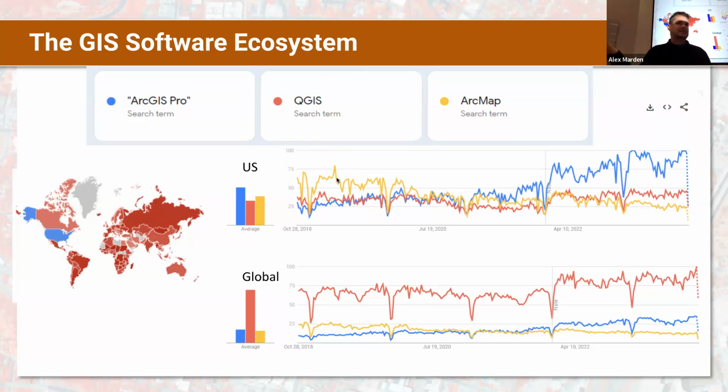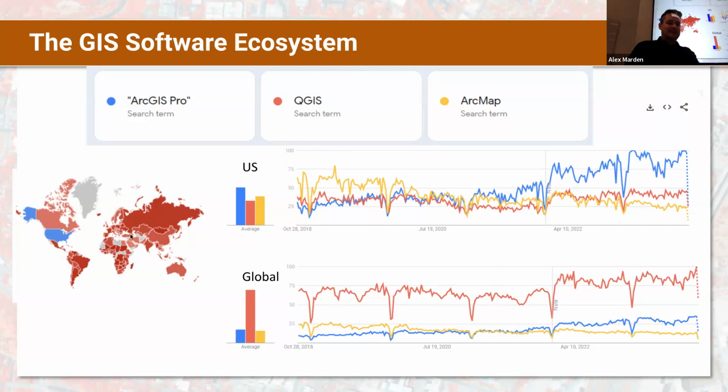This is from Google Trends, where you can just compare Google history to get an idea of popularity and usage for things like software. So you can see here in the US, there's still a popularity advantage for ArcGIS Pro, but when you think about things globally, it's no contest at all, right? QGIS is extremely popular globally compared to the Esri softwares.